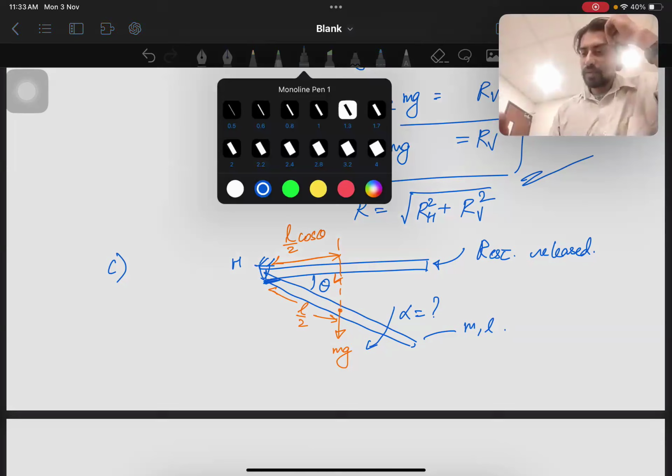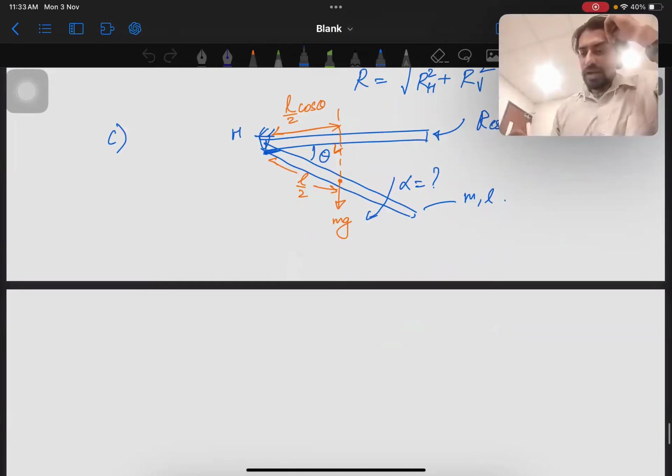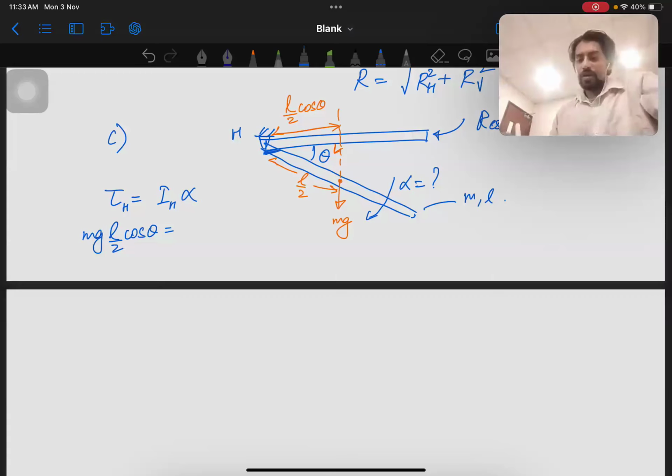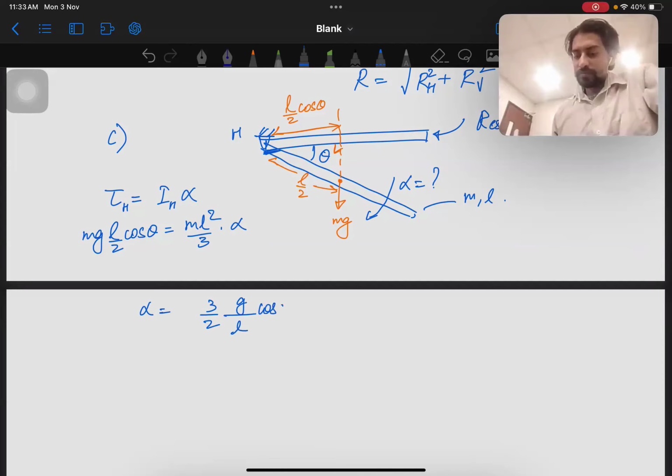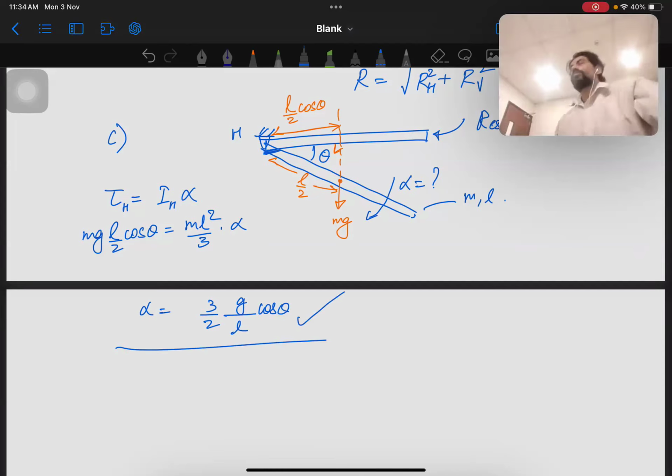Fine. So now we simply write that this torque for the hinge is I alpha and mg L by 2 cos theta is about the hinge. The I value of the rod is how much? ml square by 3 into alpha. Cancelling the terms, you get alpha as 3 by 2 g by L cos theta. This is done. Fine. All right. So this is okay.